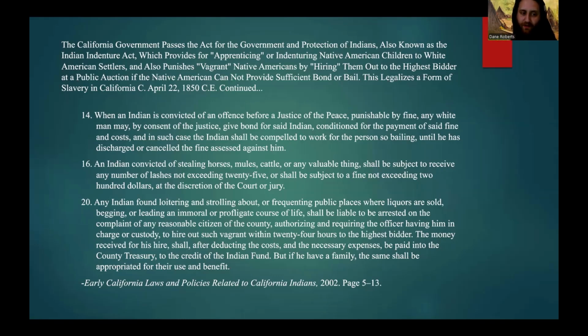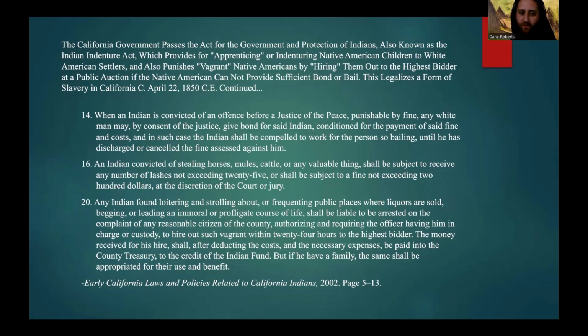And then provision 20 stated that any Indian found loitering or strolling about or frequenting public spaces where liquors were sold, begging or leading an immoral or profligate course of life shall be liable to be arrested on the complaint of any reasonable citizen of the county, authorizing and requiring the officer having him in charge or custody to hire out such vagrant within 24 hours to the highest bidder. Again, they will be enslaved.